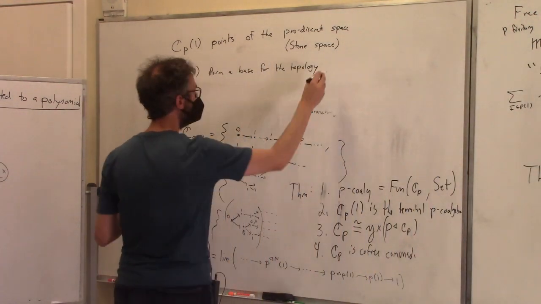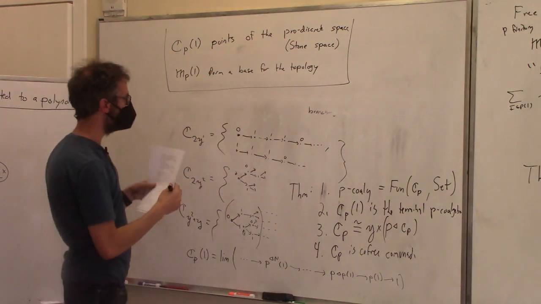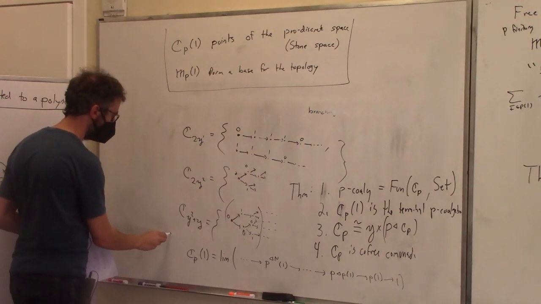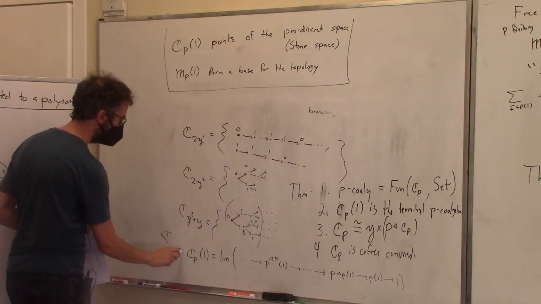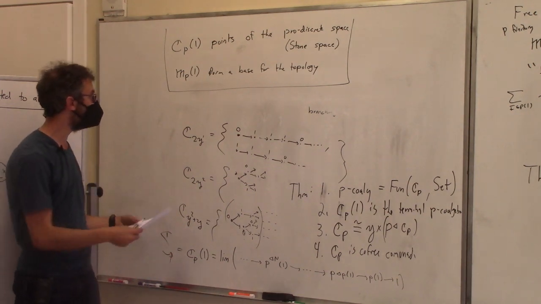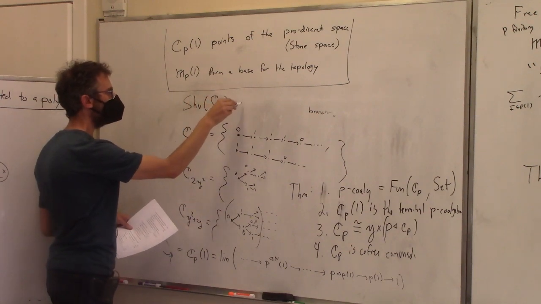So this is the thing that I thought was kind of neat. P-coalgebras form a topos. If I think of this as a space, if P is finite, this is called a Stone space, then sheaves on S_P is another topos.